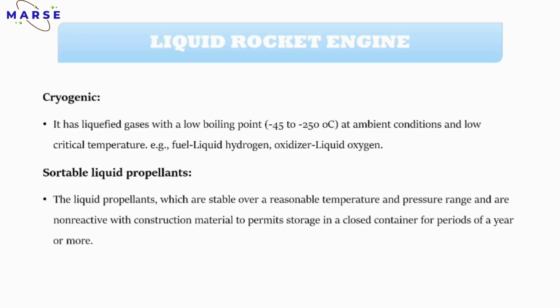It means that some of the liquids used as a propellant have a stable range of temperature and pressure, and in that particular range you can use that liquid propellant. Got it? They are stable over a reasonable temperature and pressure range, and also they do not react with the construction material.